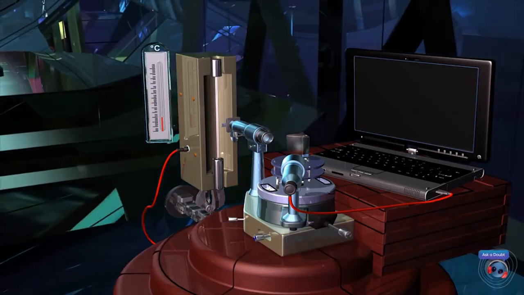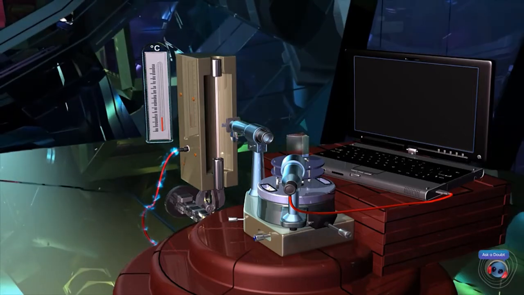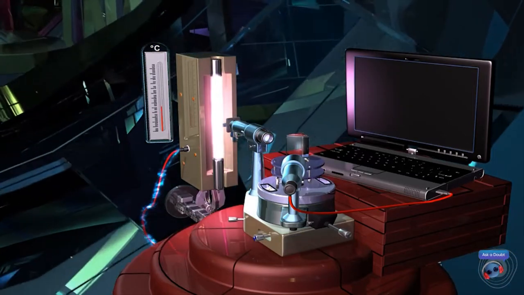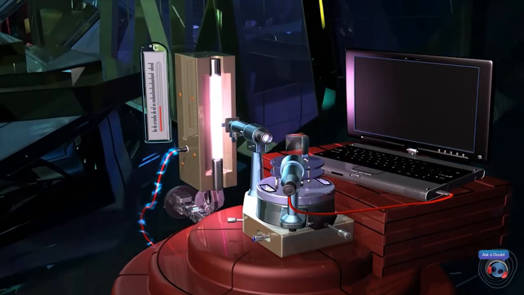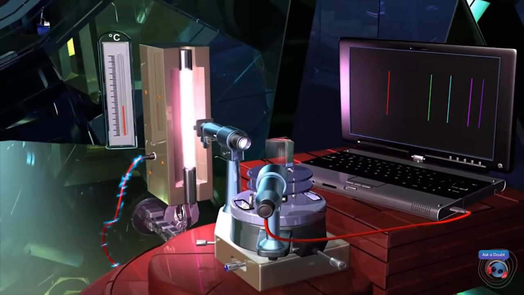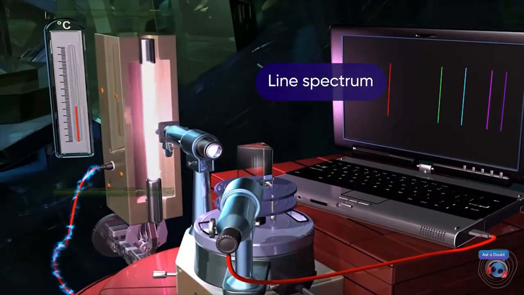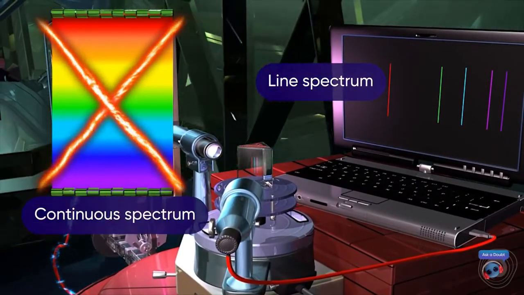However, on supplying extra energy through heat or electric discharge, radiation is emitted. But the wavelengths are sharply defined, giving a characteristic line spectrum and not a continuous one.